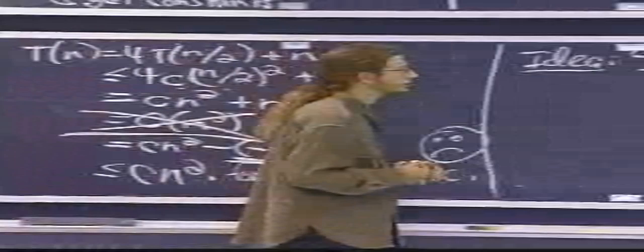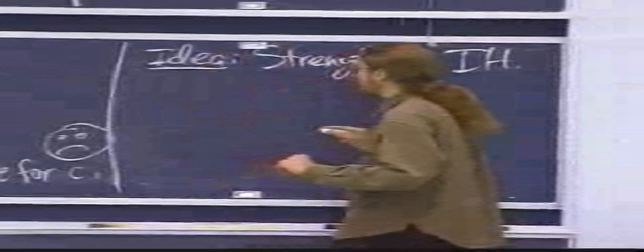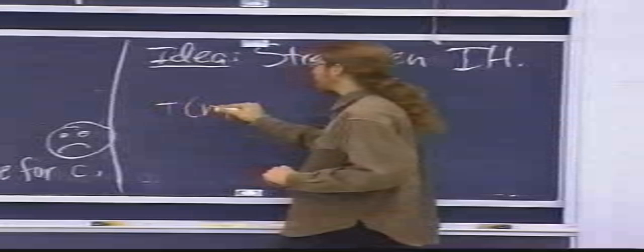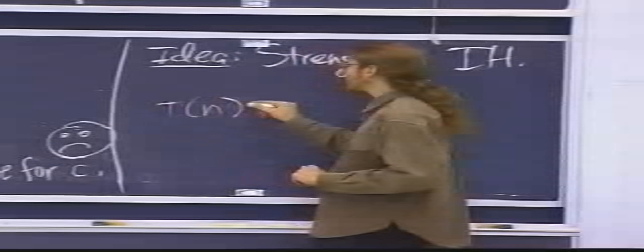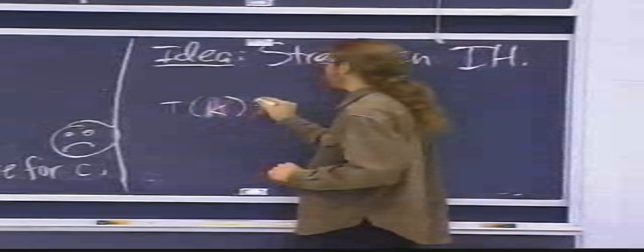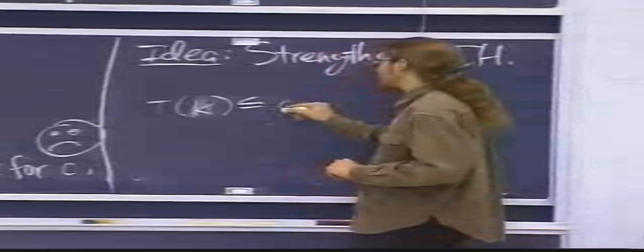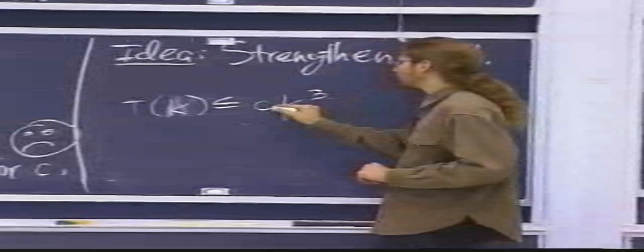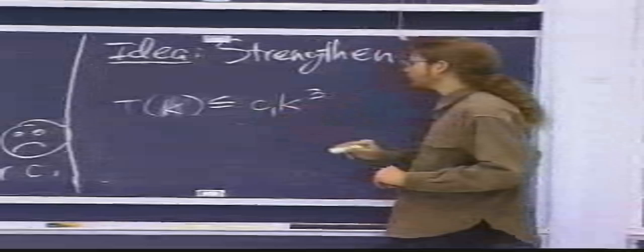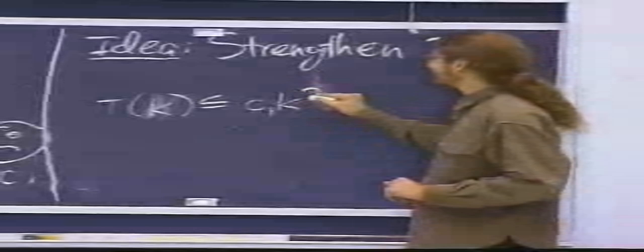One suggestion from Bob is that we take t of n. We say, well, t of k may not be exactly some c1 times k squared, thank you.